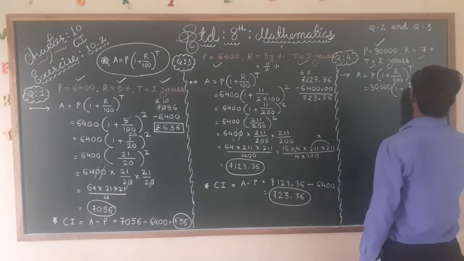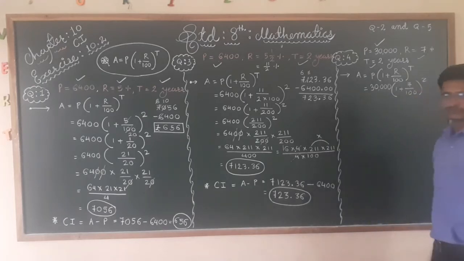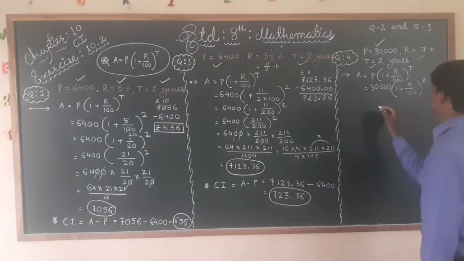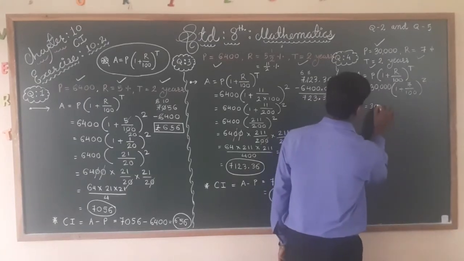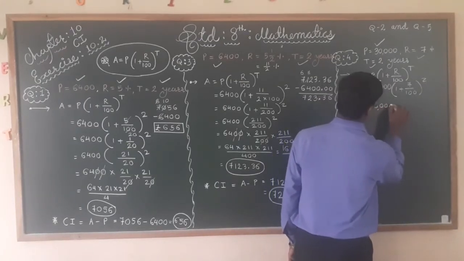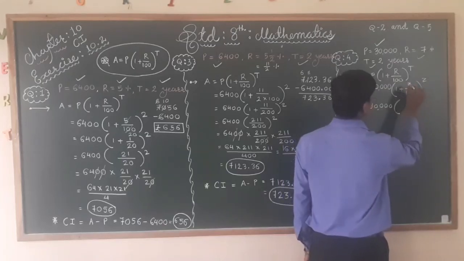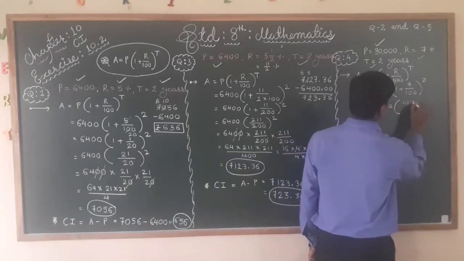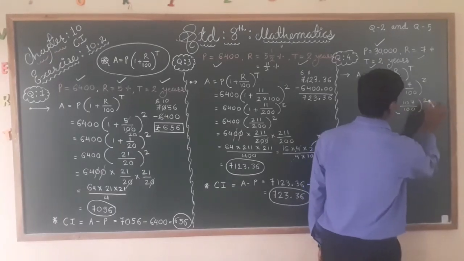R is 7 divided by 100, and the term is for the 2 years. Okay, so 2 years term. Now we'll make it simple. 30,000. Now here 100 plus 7. So 107 divided by 100 whole square.